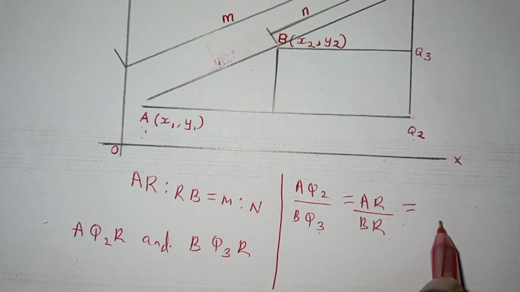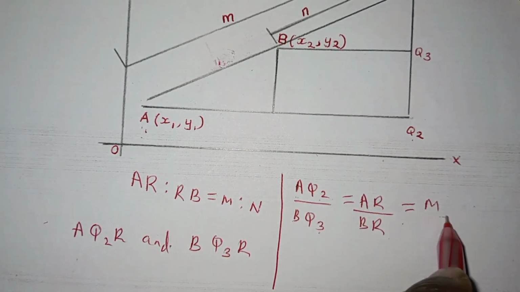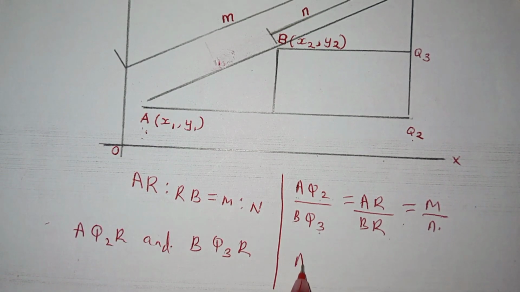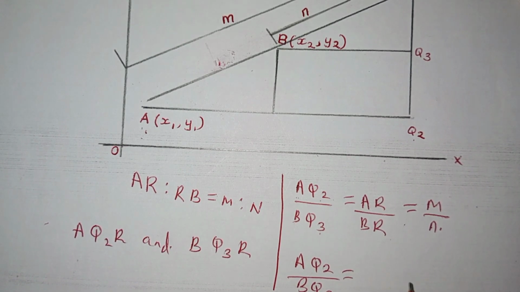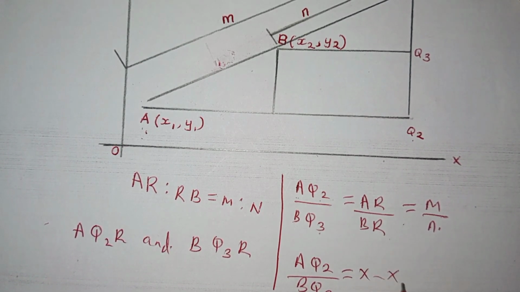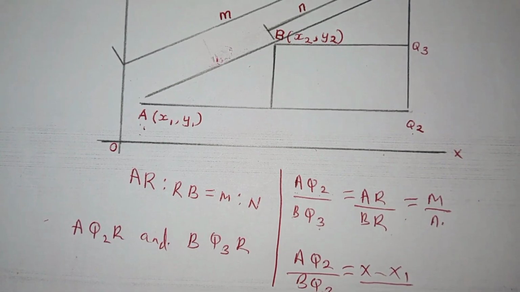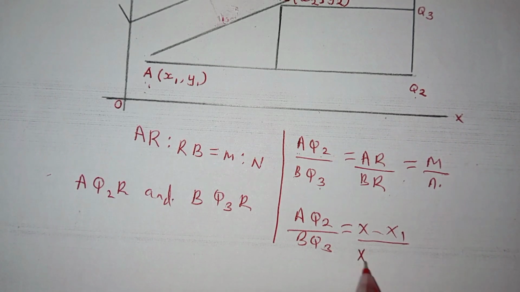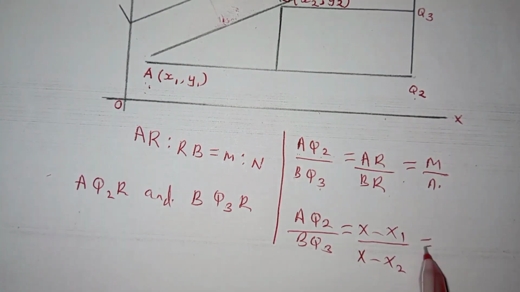AR over BR is equal to m over n. So AQ2 over BQ3 is equal to x minus x1 divided by x minus x2, which is equal to m over n.